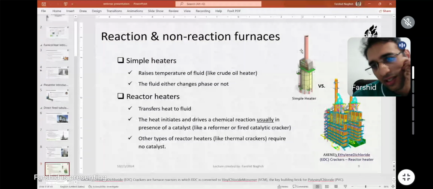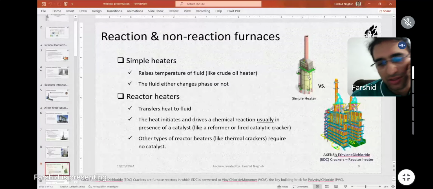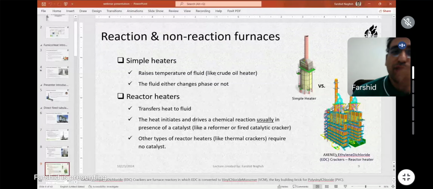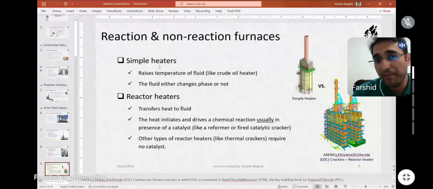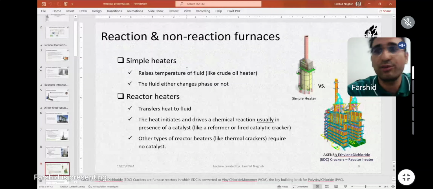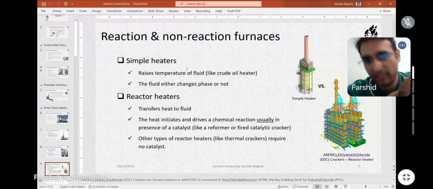It can be cylindrical, or it can be a box type heater. So where are they used, and what do they do? These simple heaters raise the temperature of the fluid. The fluid may change phase or not. Maybe you send a liquid into the heater, and the outlet is also a liquid.